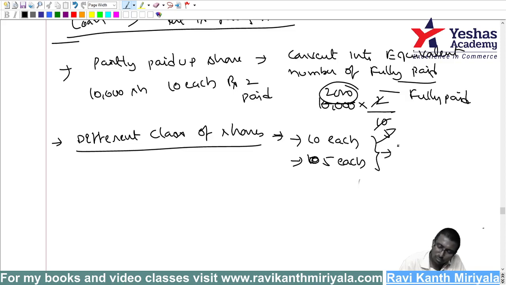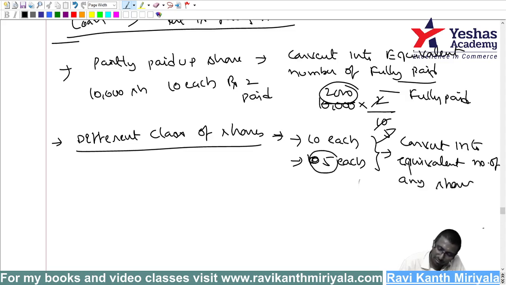Convert into an equivalent number of any shares. That is your choice. Whether you want to convert everything into 5 each, or everything into 10 each, you can convert it. That is purely up to you.